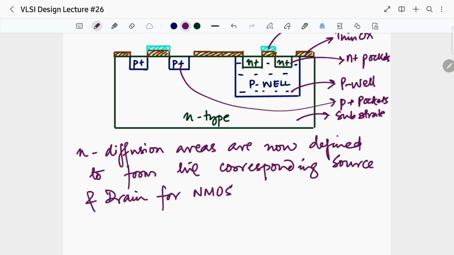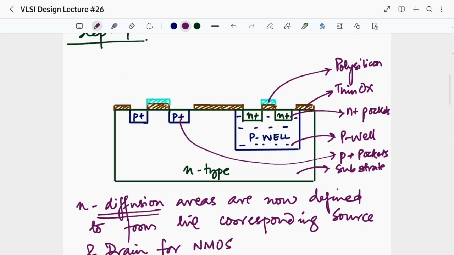And this diffusion, the diffusion process is by what? By bombarding the dopants at a particular location. Alright, that is what we have done in step number 4.